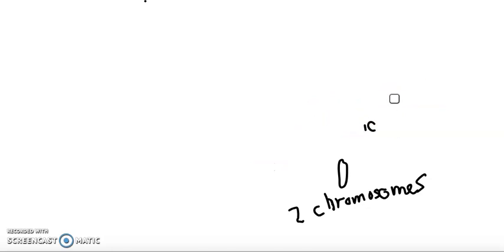Okay, so if we come back to the whiteboard, we can draw this out. So here we have mitosis. It would be starting with these replicated chromosomes. I'm just going to draw two of them. These are the replicated chromosomes.